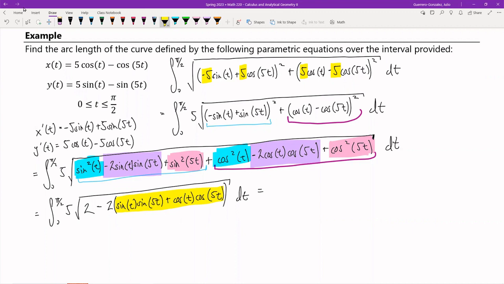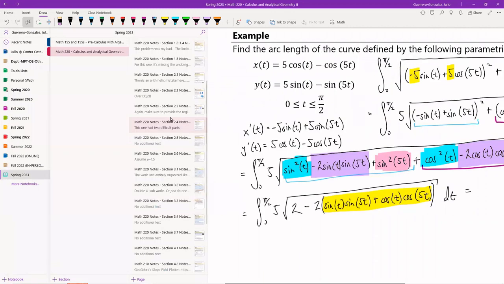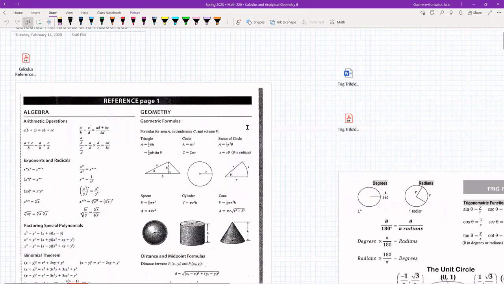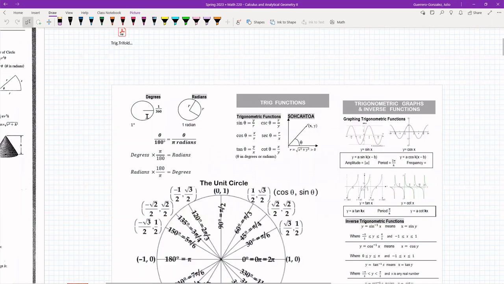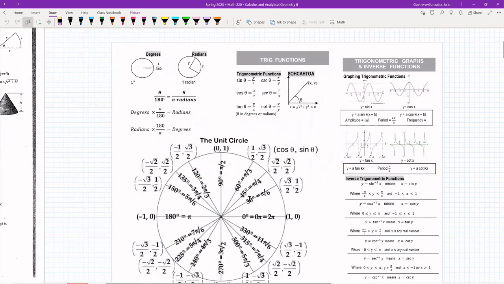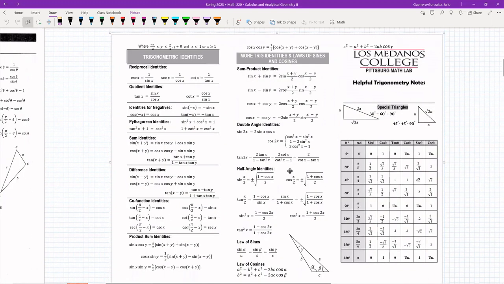So let me show you where I'm going to look up that portion in particular. Notice how it is sine, sine, plus cosine, cosine. So I'm going to go back into my notes. I'm going to scroll all the way up to the top where you see calculus handouts and resources. One of the things I put in here is a trig trifold that you can find in the tutoring center downstairs in the math lab if you're ever there. And what we're going to need is this one.